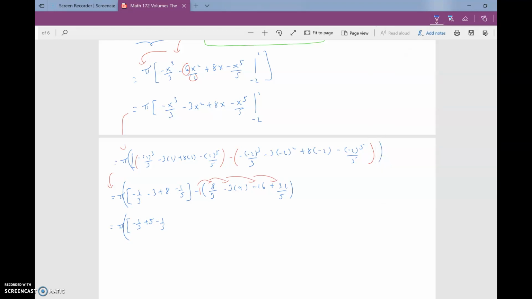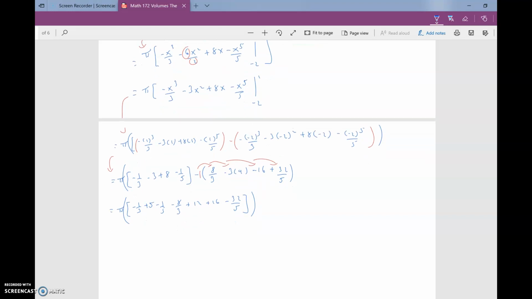So distributing out that negative, it's going to give us a negative 8/3 plus 12 and plus 16 minus 32/5. I think we're good so far. Let me double check. Minus 8/3, that's going to be plus 12, plus 16.